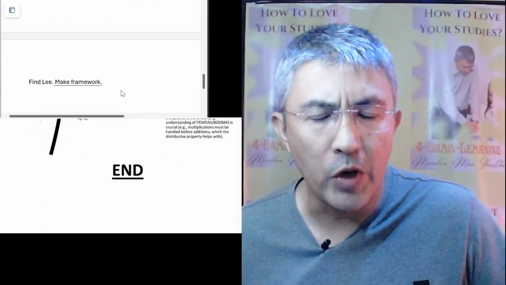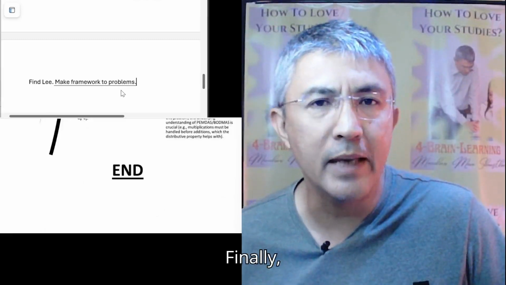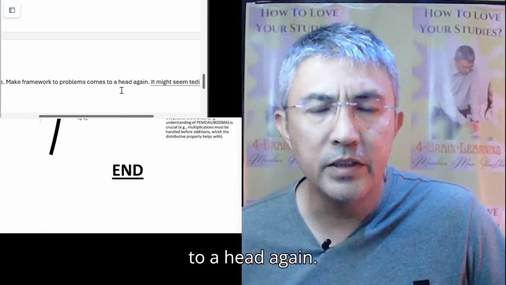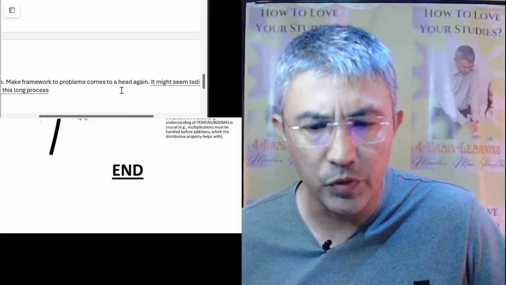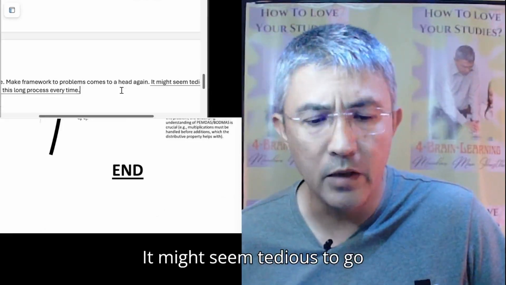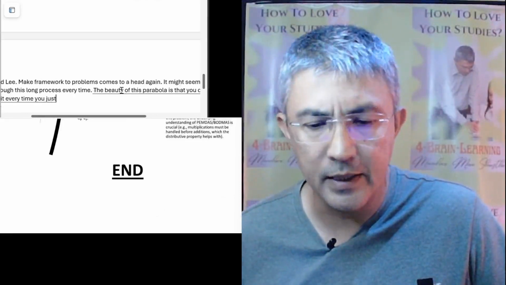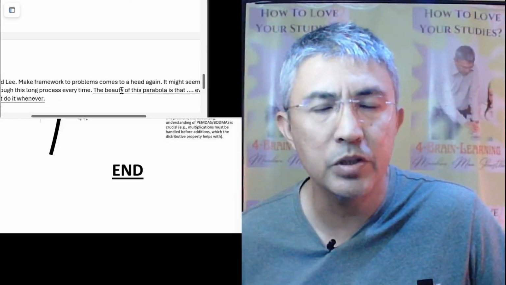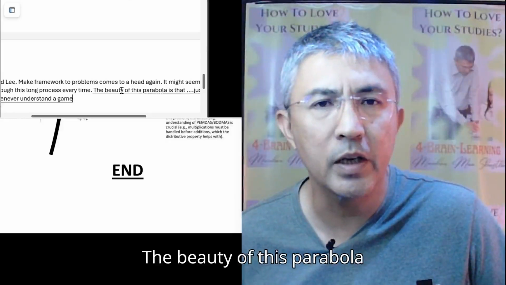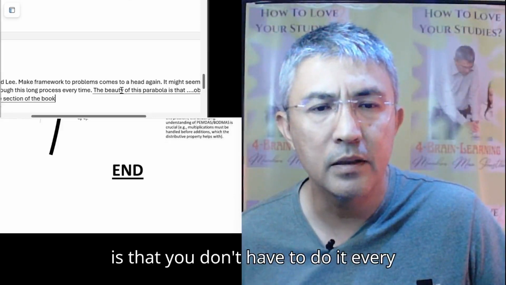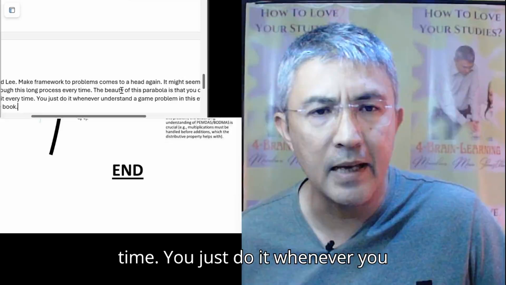Finally, the framework to problems comes to a head, and it might seem tedious to go through this long process every time. The beauty of this parabola is that you don't have to do it every time. You just do it whenever you don't understand a given problem in the exercise section of the book.